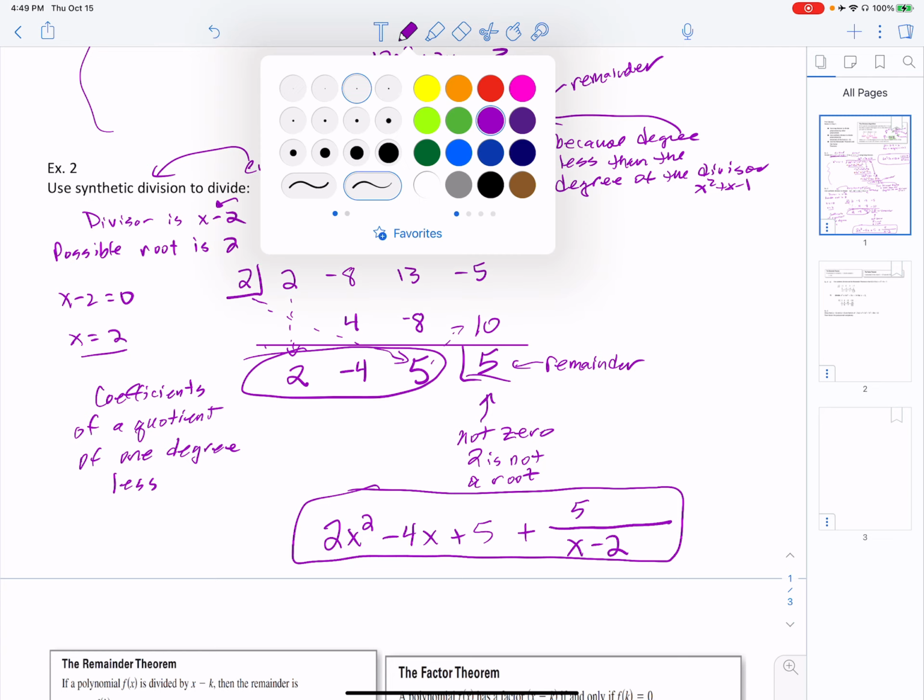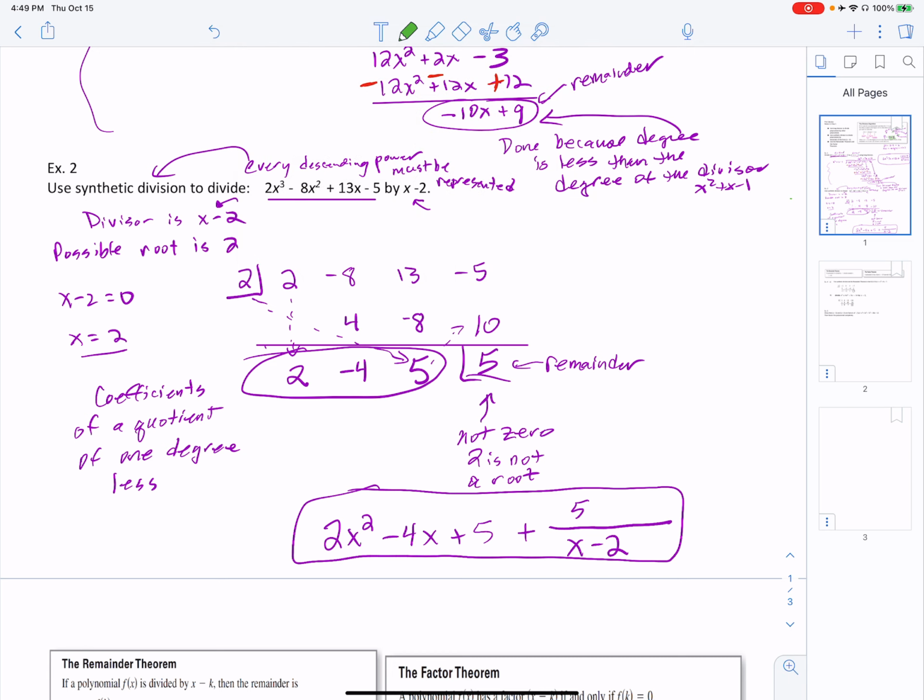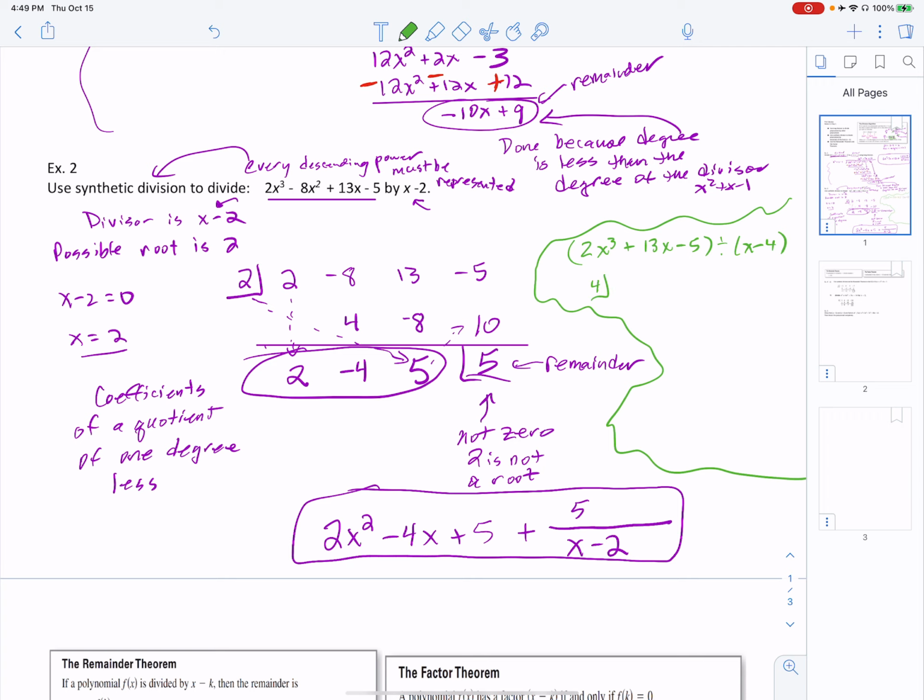Now I said I'd give you another example about that whole what if you need a 0 placekeeper kind of thing. An example is 2x cubed plus 13x minus 5, divided by x minus 4. Since it's x minus 4, we'll use a positive 4.